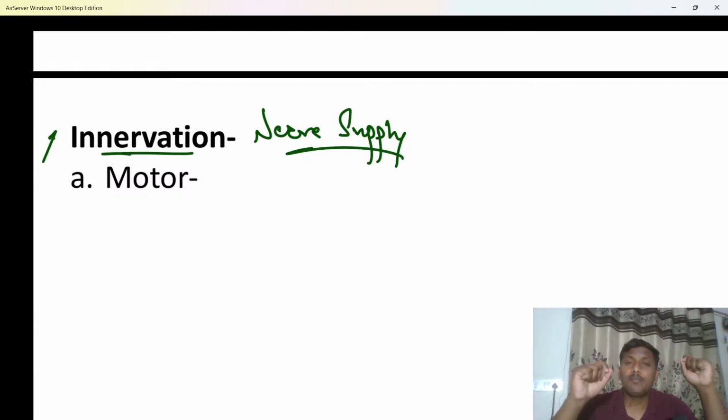Why? Because muscles are responsible for movement, right? Whereas the nerve supply to the mucosa is called the sensory nerve supply. Why? Because whatever sensations you feel in the larynx, it is because of the mucosa. So the nerve supply to the mucosa will be called a sensory nerve supply.